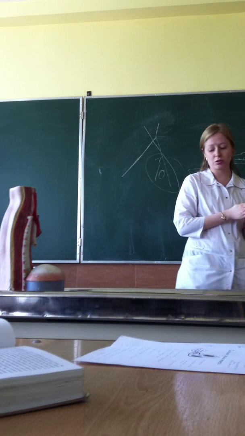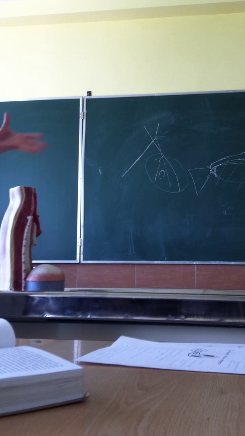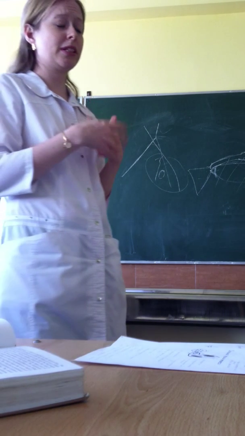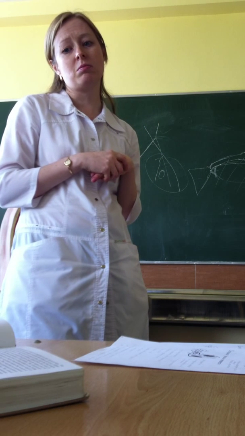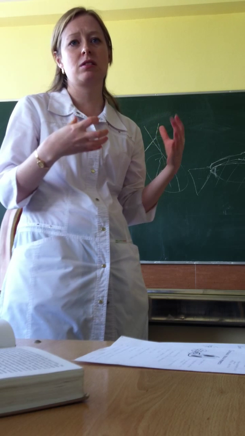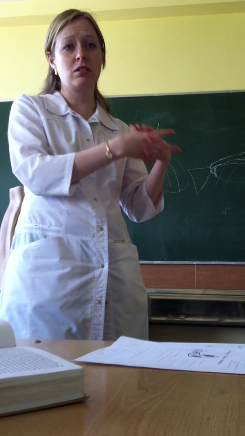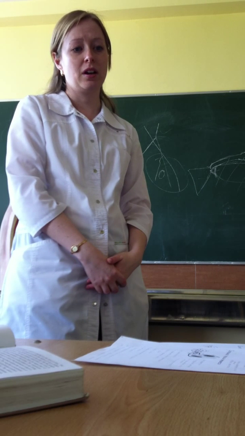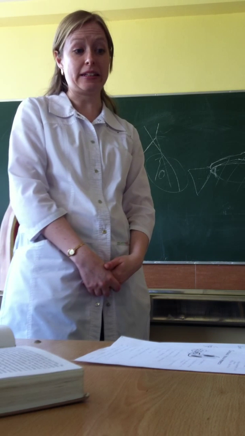Also in young girls the color is more pink to red, and the surface is more smooth. After puberty the color becomes more gray, and the surface more rough. It depends on function. At this age this organ starts to work, producing gametes.